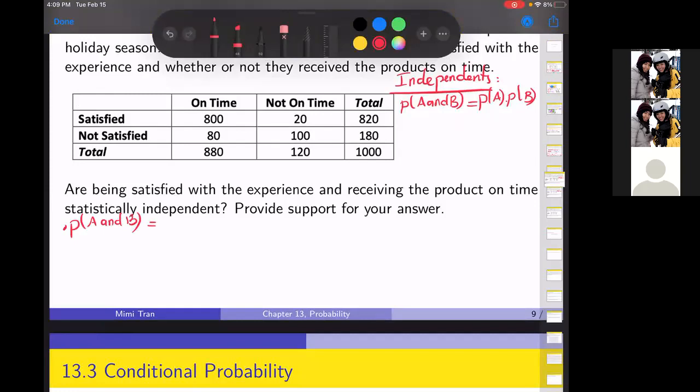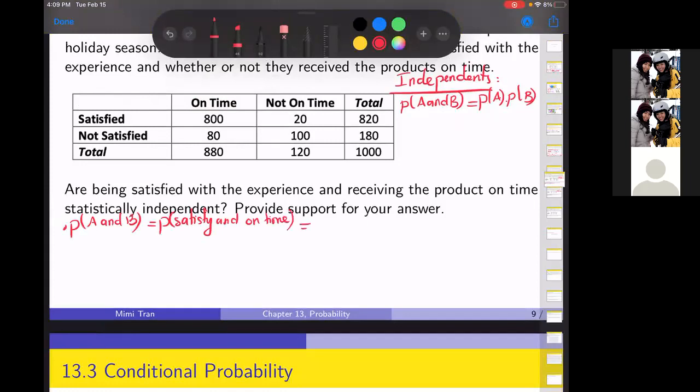By the way, what are A and B here? I'm going to assume A is satisfied with experience, and B will be received on time. I'm just gonna say on time, I don't have enough space.